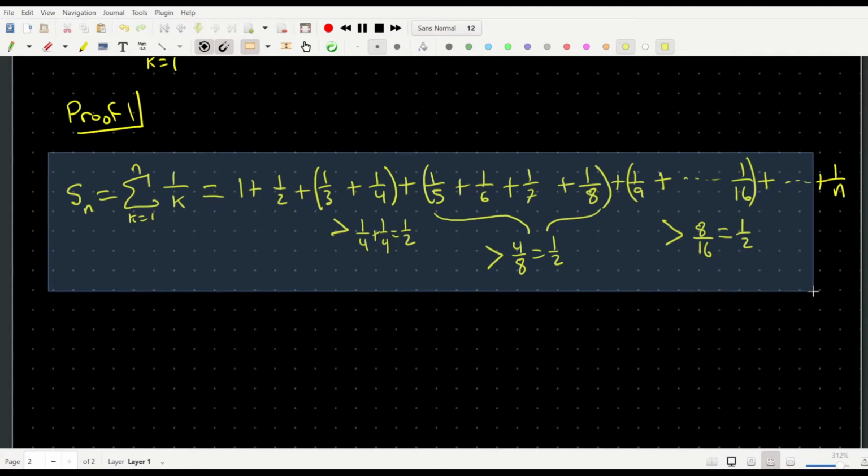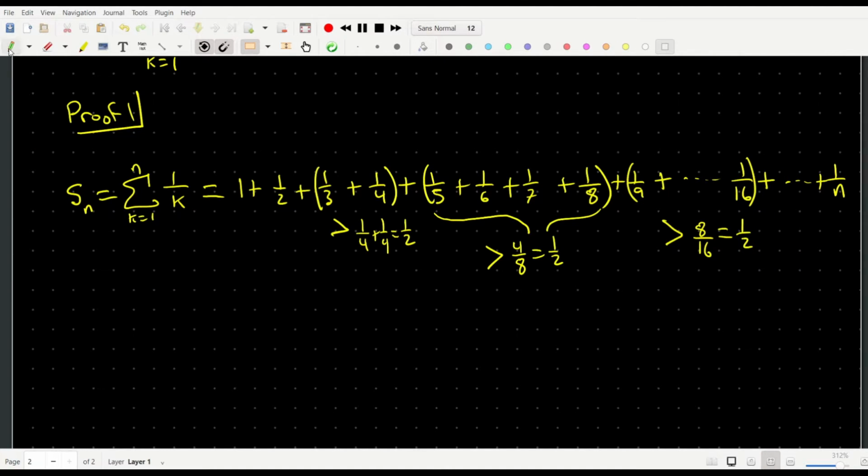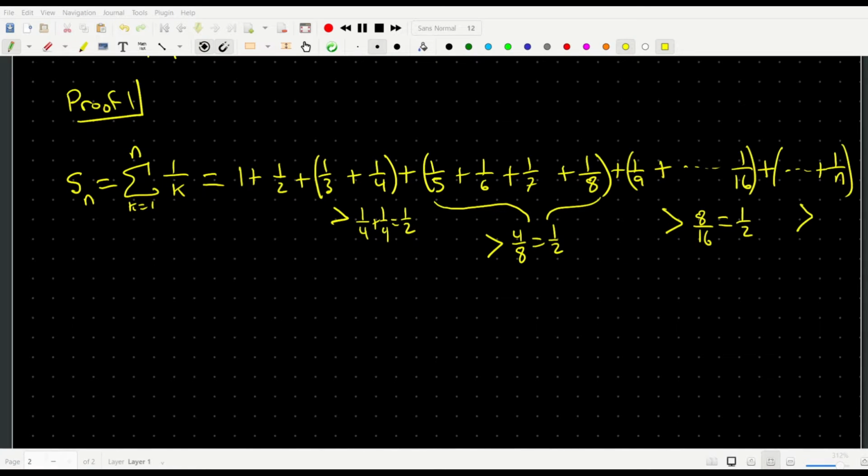So noticing this and taking the limit as n goes to infinity, specifically noticing that for any value m, the 2 to the mth partial sum, where we compute the partial sum for a value of n equal to 2 to the m, is going to be strictly greater than m times 1/2.